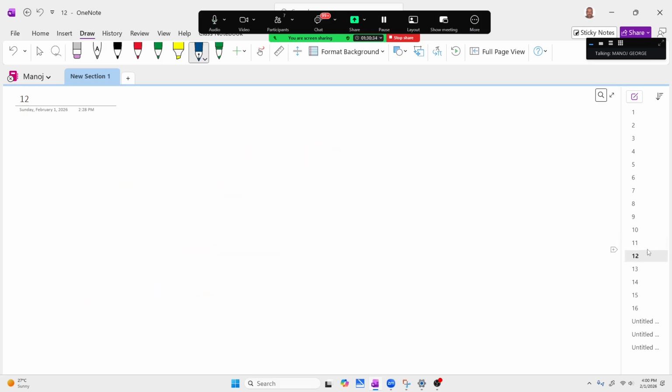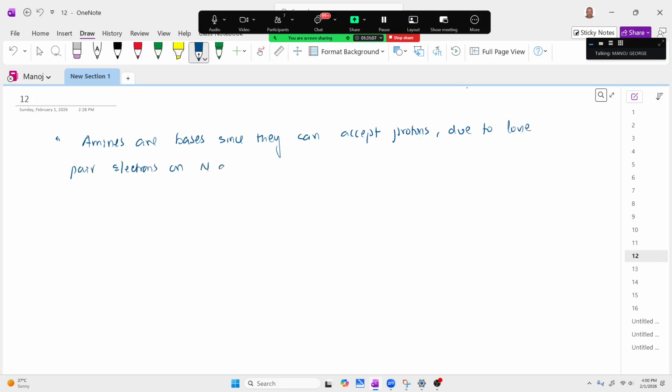Okay, so let's have a look. Amines are bases since they can accept protons, and this is due to the lone pair of electrons on the nitrogen atom in amines.